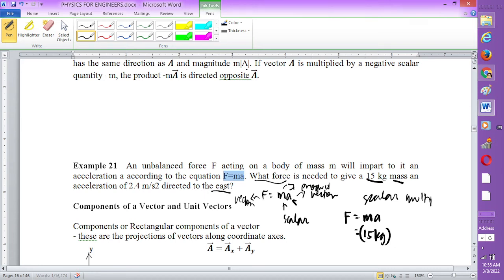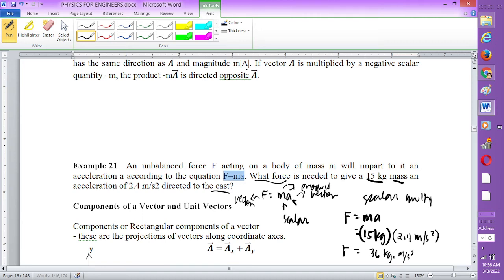This east is your direction. So we multiply 15 times 2.4, and that is 36. What will be the unit? By the way, kilogram meter per square second.